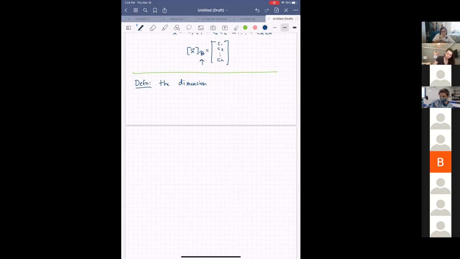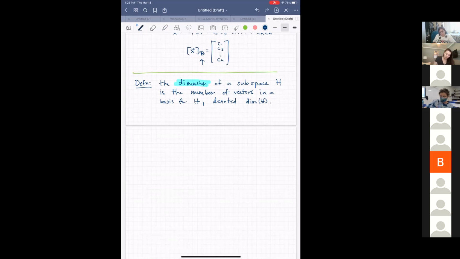So the dimension of a subspace H is the number of vectors in a basis for H. And this thing, the dimension, will be denoted with dim of H. Okay.